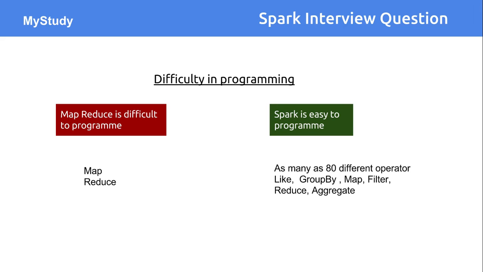As Spark is already built on top of MapReduce, Spark provides as many as 80 different operators like group by, map, filter, reduce, and a lot of other operators are available in Spark. Spark also hides this MapReduce kind of complexity.